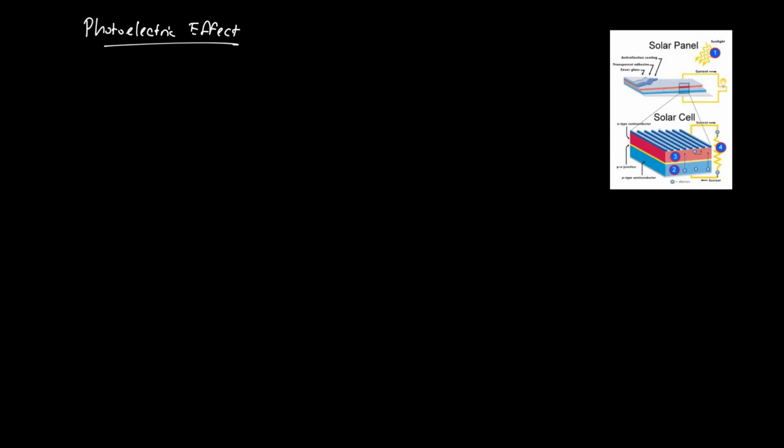Okay, so the next thing we need to talk about is the photoelectric effect. Okay, we've all heard about solar power, right? So this is just a quick little diagram of what a solar cell looks like. Solar cells, solar panels, work with the photoelectric effect.